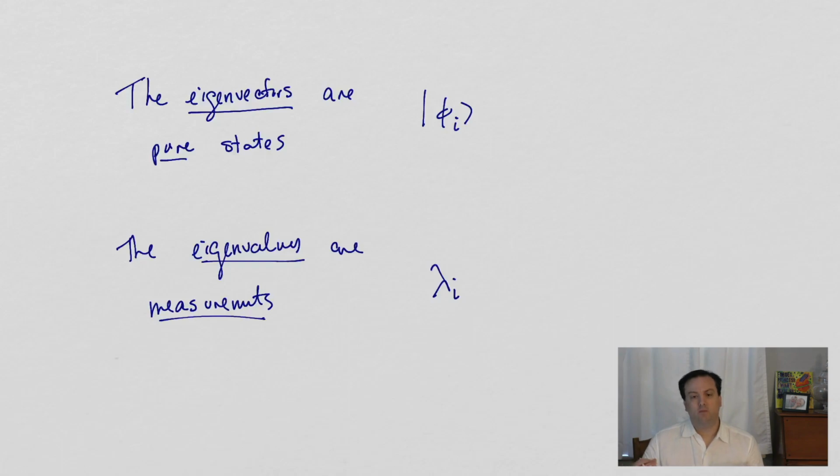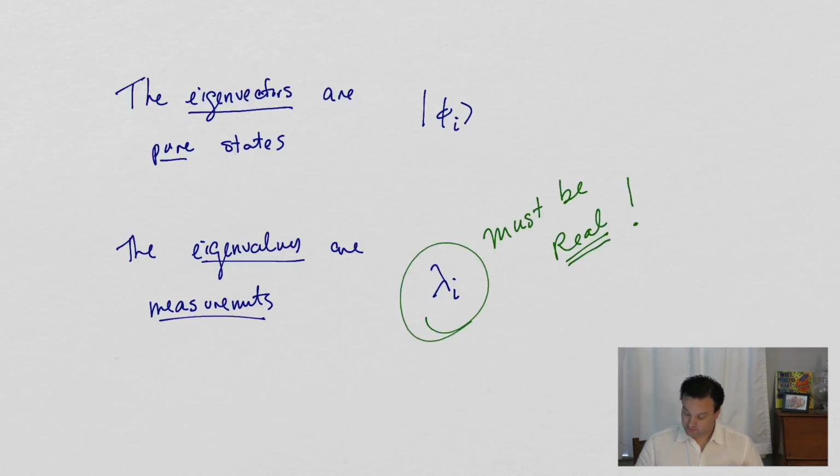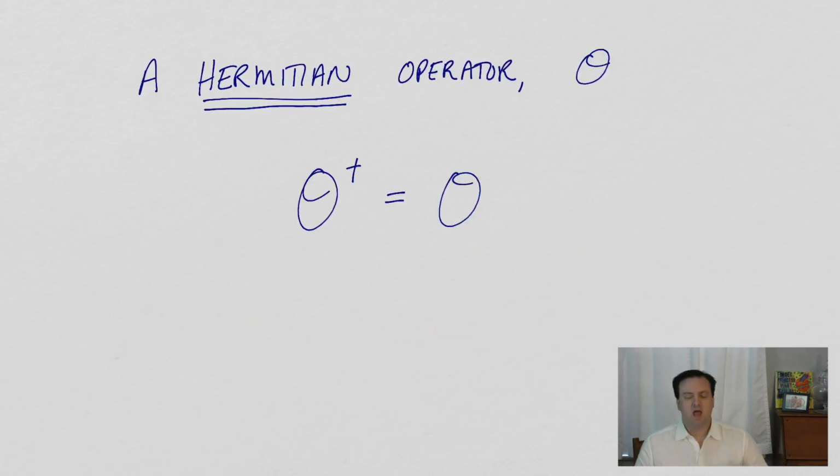And so what we are going to demand from our mathematical formalism is that we restrict ourselves to the types of operators that will actually give us real eigenvalues. These eigenvalues have to be real. They cannot be complex numbers in order to be genuine quantum mechanical operators.